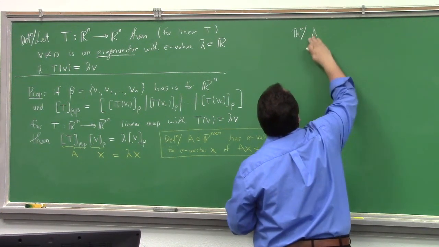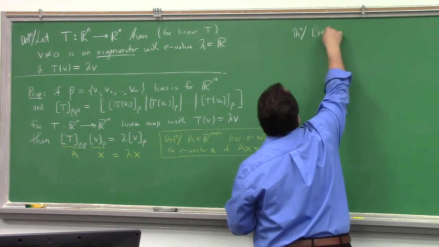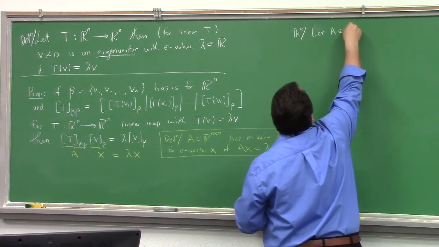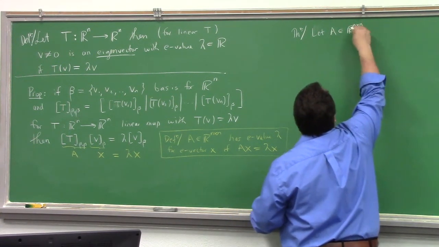A: let A be an n by n matrix over the reals again, all right?